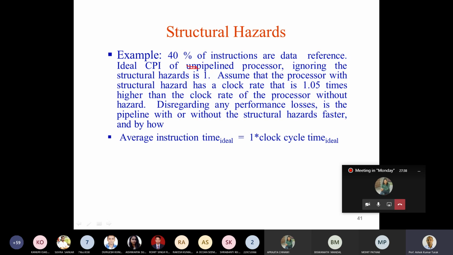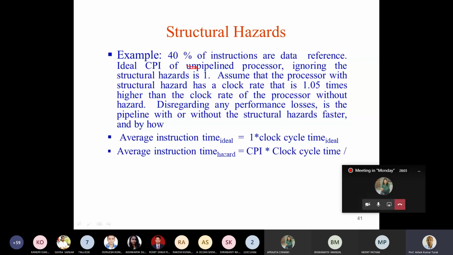We do not know the ideal clock cycle time. What we know is that there is a relationship of 1.05 times: the clock rate of the pipeline processor with hazard is 1.05 times that of the pipeline processor without hazard.